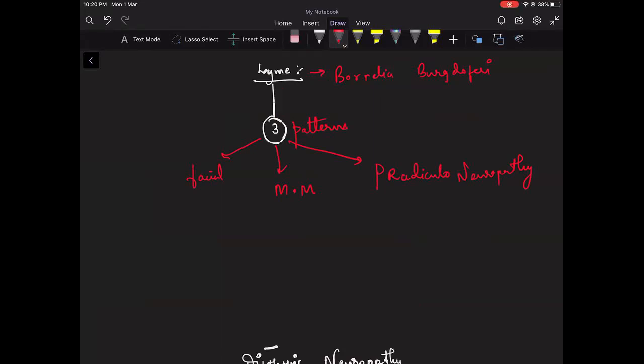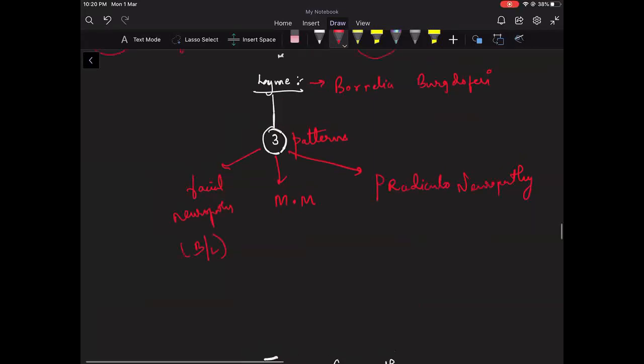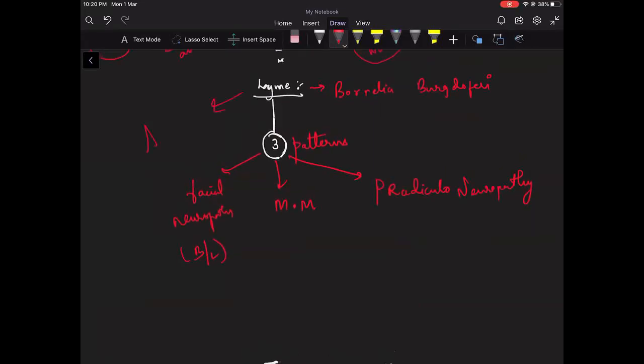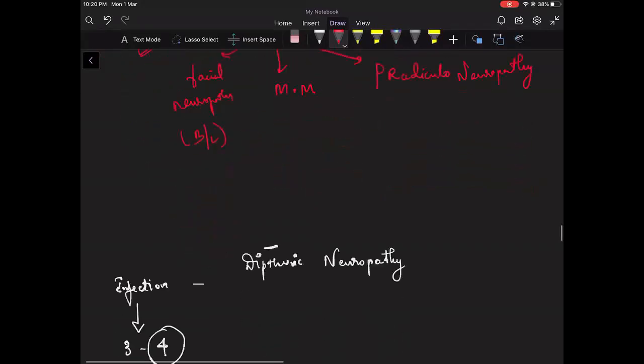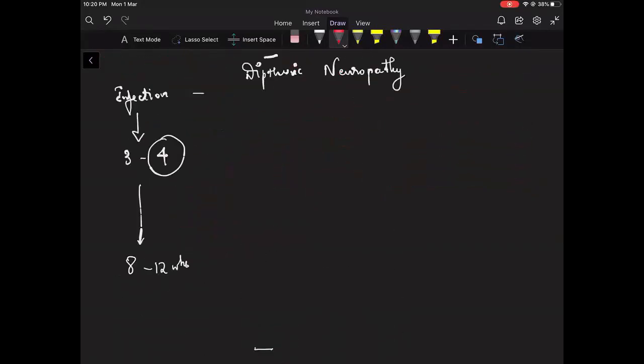The facial neuropathy is usually bilateral, and typically here also it is the axonal type in the electrodiagnostic studies which we see, and on nerve biopsy there will be axonal degeneration in Lyme's disease.